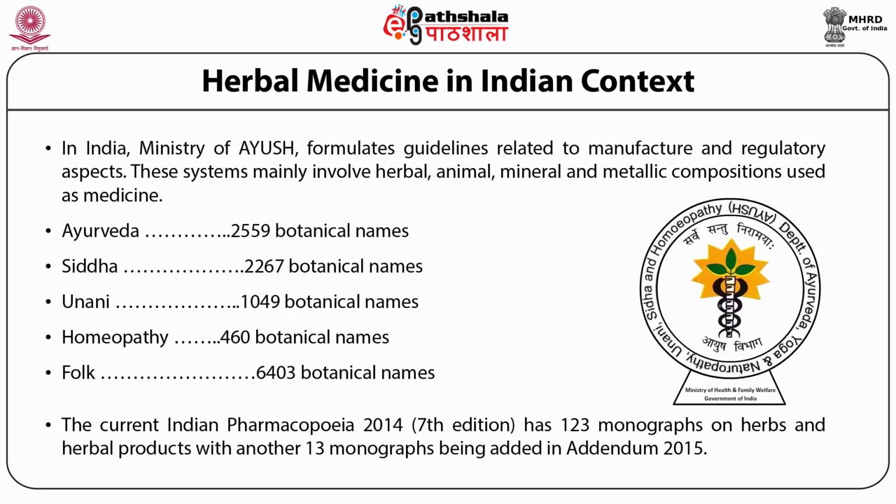The current Indian Pharmacopoeia 2014, which is in its 7th edition, has 123 monographs on herbs and herbal products. An addendum is also on its way, and another 13 herbs and herbal product monographs are being added to this Indian Pharmacopoeia 2014 edition as an addendum.